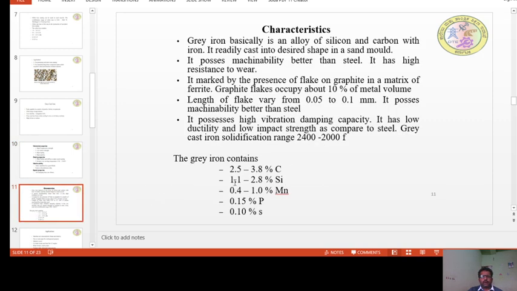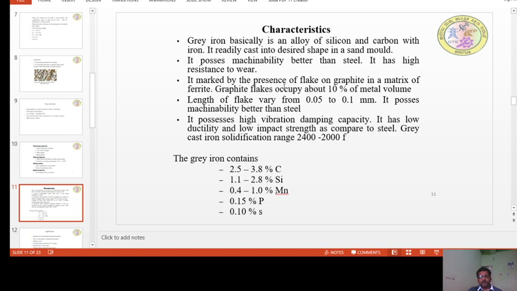Coming to the characteristics, gray cast iron is basically an alloy of silicon and carbon with iron. It is readily cast into desired shapes in a sand mold. It possesses machinability better than steel. It has high resistance to wear.